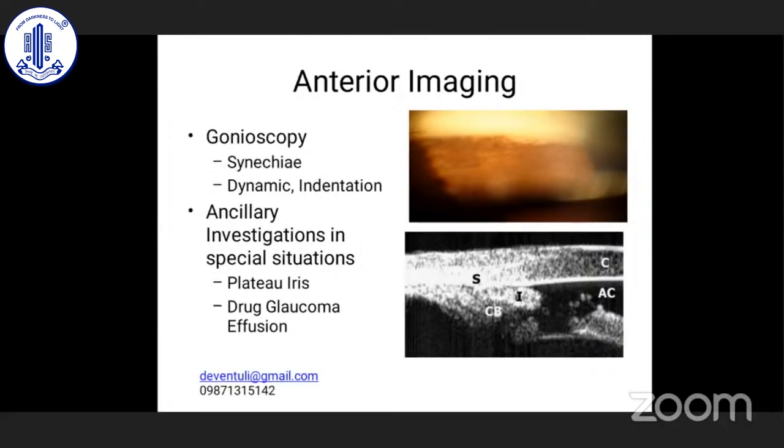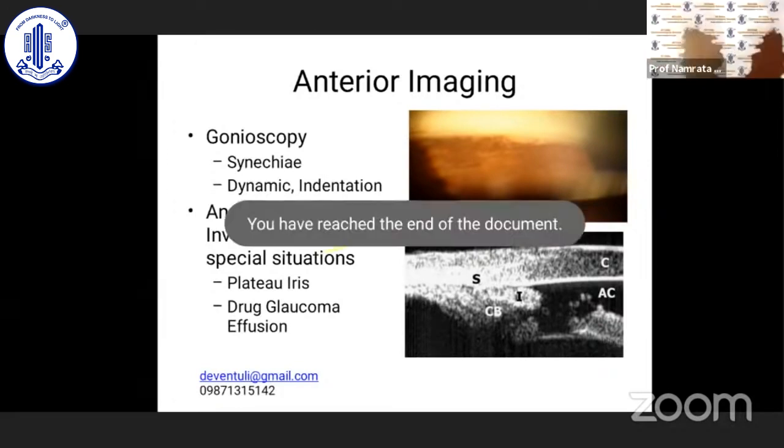I just wanted to say a plateau iris picture is shown here. See how flat the iris is. The whole complex of iris and ciliary body is jutting into the angle and crowding it. And plateau iris and drug-induced ciliary body effusion are very nicely seen here.